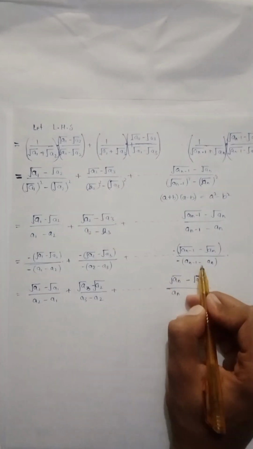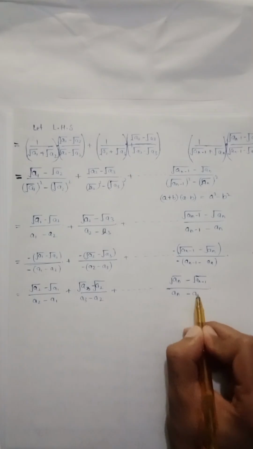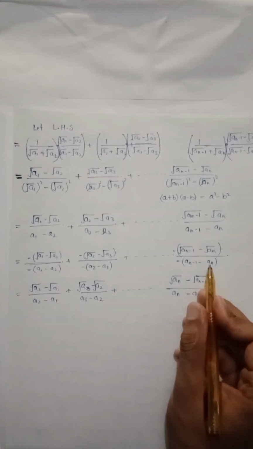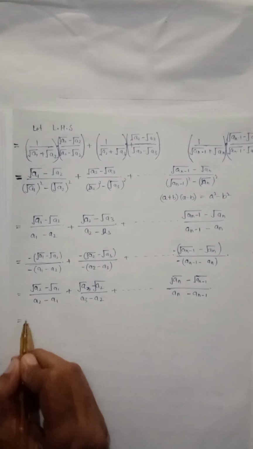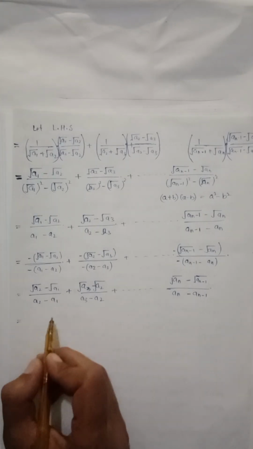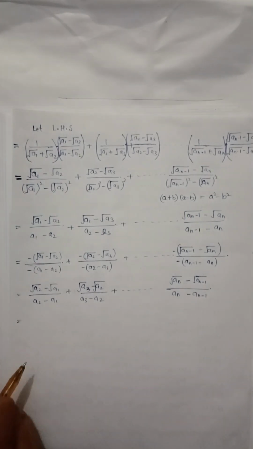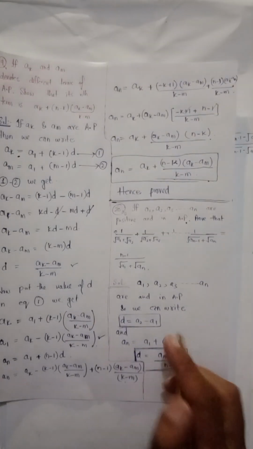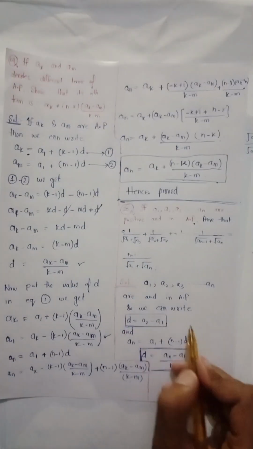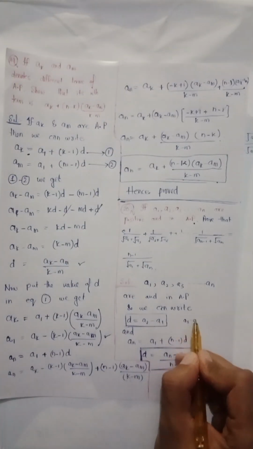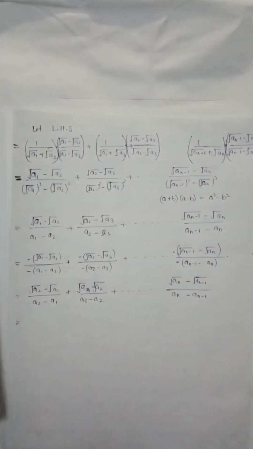So for the denominators we replace a2 minus a1 and so on with d, giving root a2 minus root a1 plus root a3 minus root a2 plus root a4 minus root a3, and so on, all over d, taking 1 over d common.